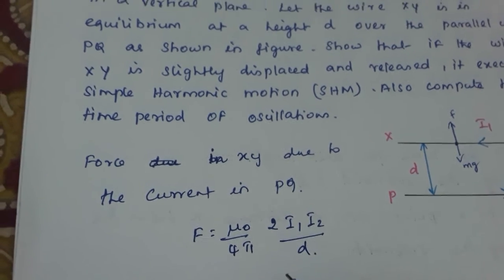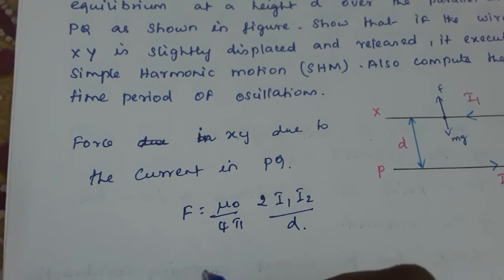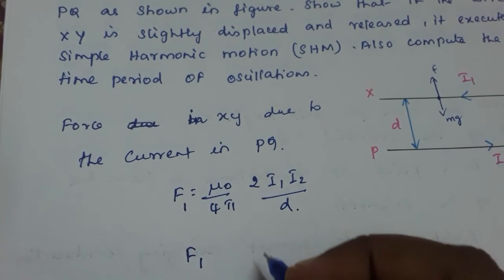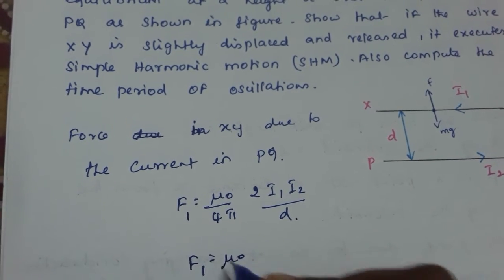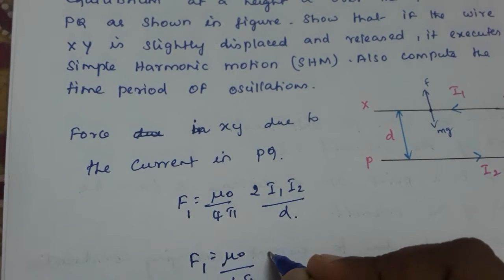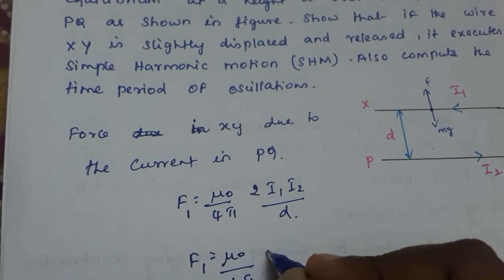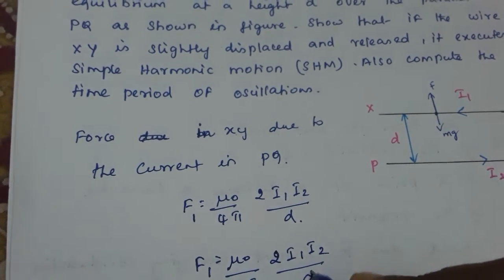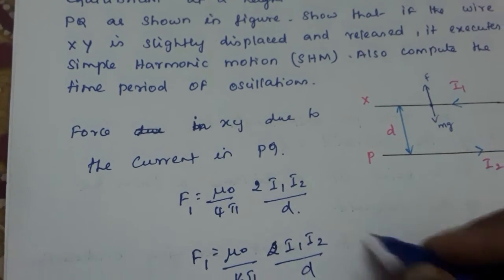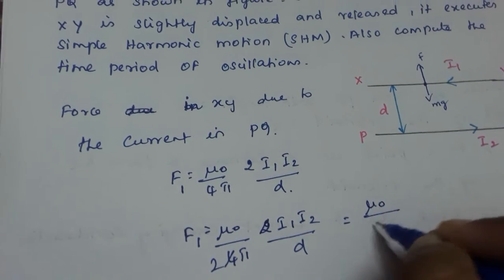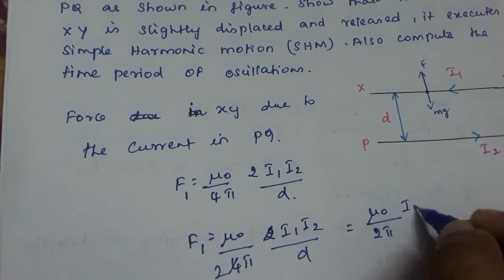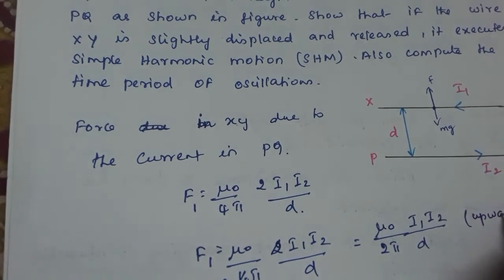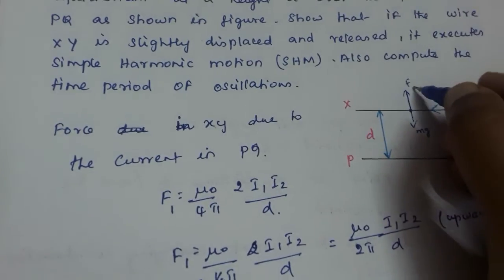Now this is the force which is acting upward, so we take it as F1. F1 is equal to mu 0 by 4 pi into 2 I1 I2 by D. We can cancel this, and it can be written as mu 0 by 2 pi I1 I2 by D. This is acting upwards.